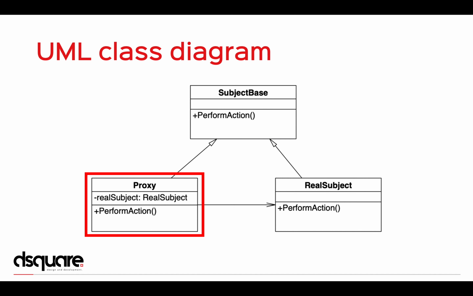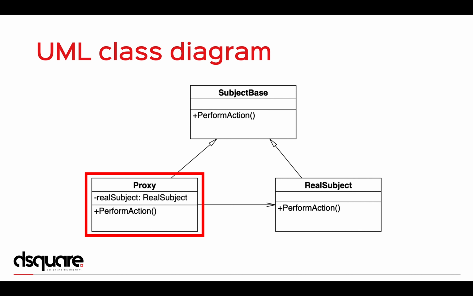What it does do at the very least is call some other action on the real subject. In the simplest form of the proxy, if perform action is called in the proxy, it simply calls the perform action method of the real subject which it is hiding.